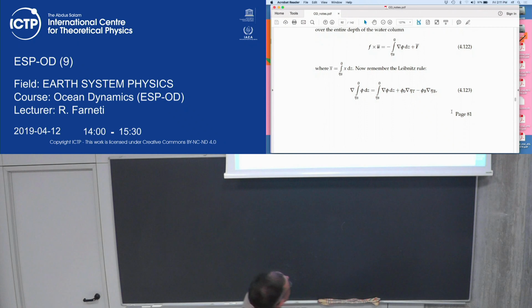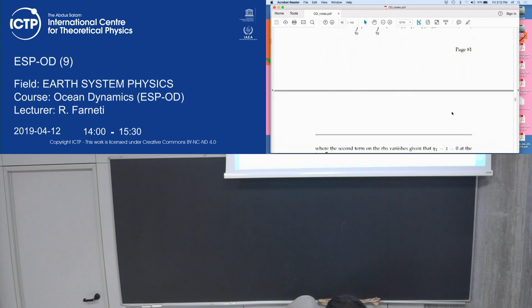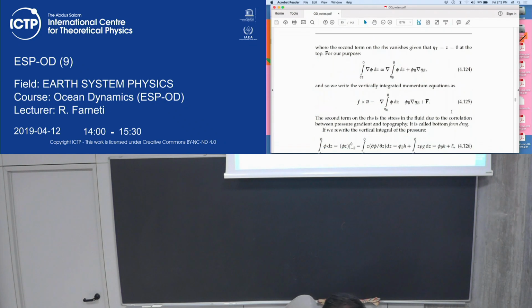We used the Leibniz rule to look at the vertical integral of the pressure gradient, of the pressure term, which looks like that, and after you put the expression of the vertical integral of the pressure term into the vertically integrated momentum equation, then it looks like that equation over there.